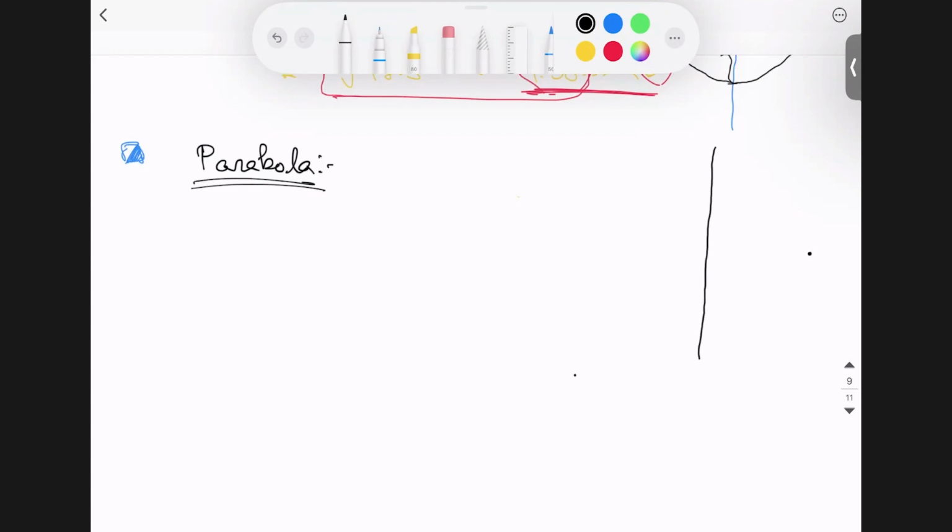Now, we need to find all those points which are equidistant from this straight line and the fixed point. So if I think about this point, one point will be like here. After that, this point will be like this. Next, this point will be like this.